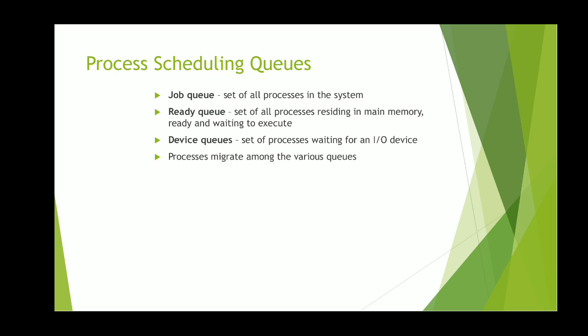Then the ready queue, which is the set of all processes residing in the memory, ready and waiting to execute. Then there is one other queue, the device queue, and here you can see all the processes which are waiting for an IO device.